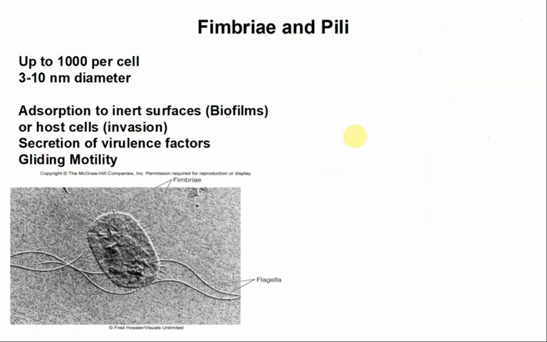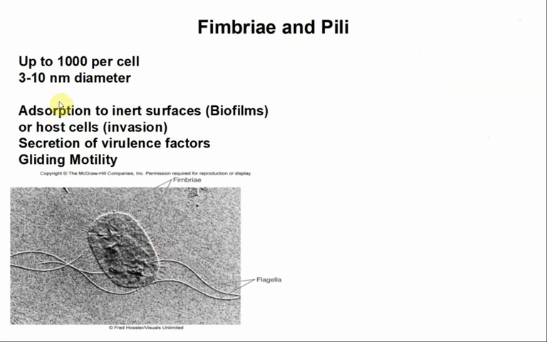Okay, so now we're going to take a look at filamentous structures on the surface of bacteria. So first we have fimbriae and pili. That means all these little spikes sticking out of the surface of this bacterial cell, not the flagella here.